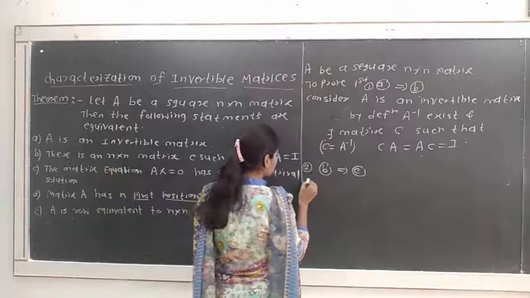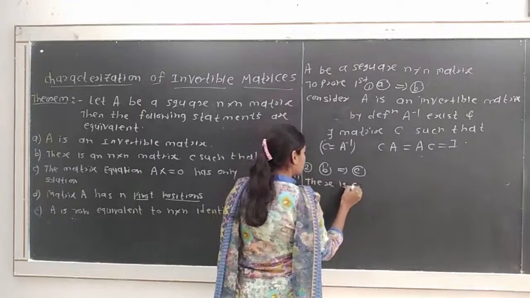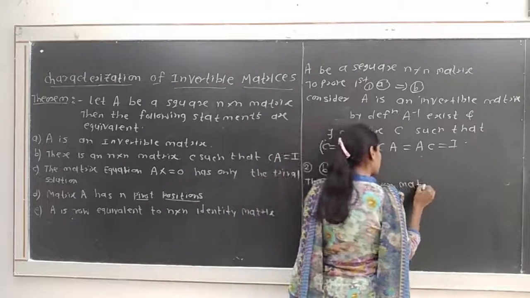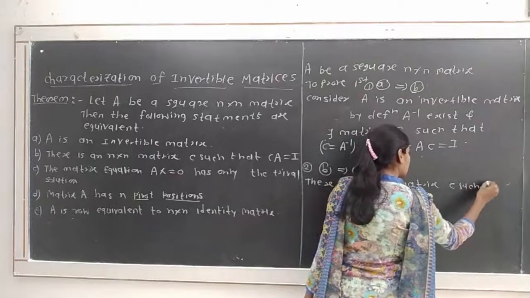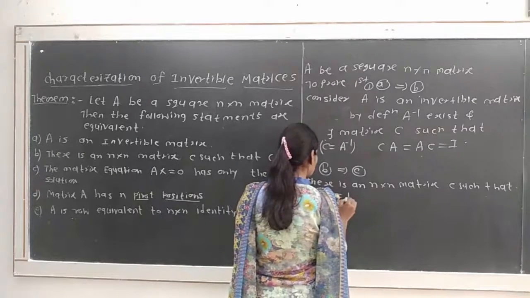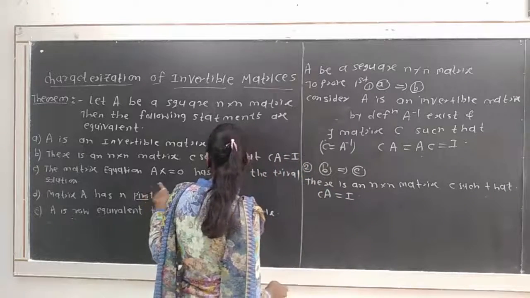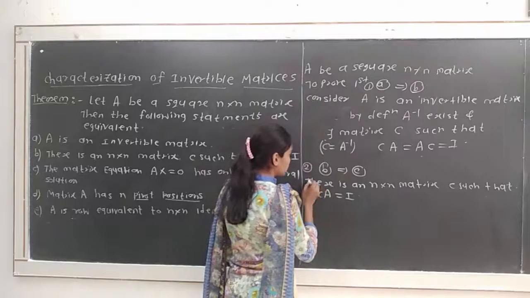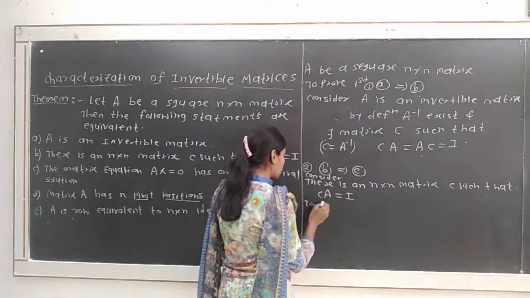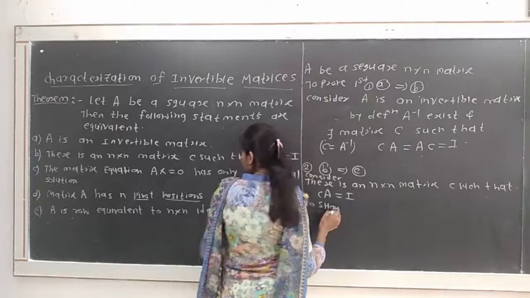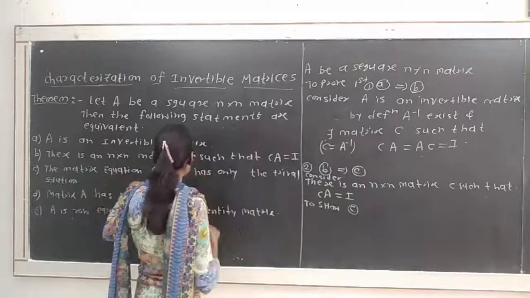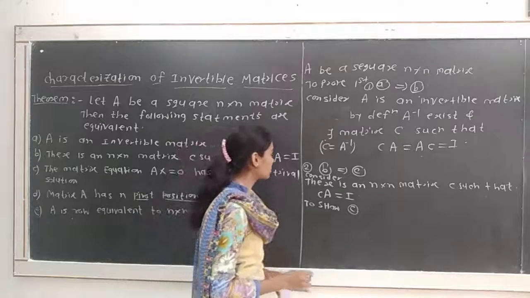Statement B is: there is an n cross n matrix C such that C into A is equal to I. This is given, and from it we have to show statement C, that the matrix equation Ax is equal to 0 has only the trivial solution.